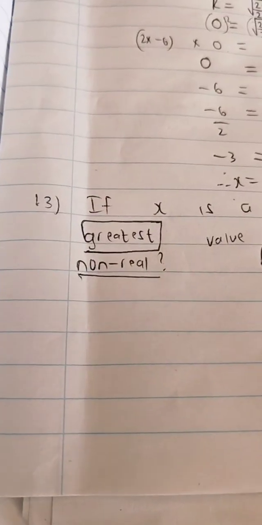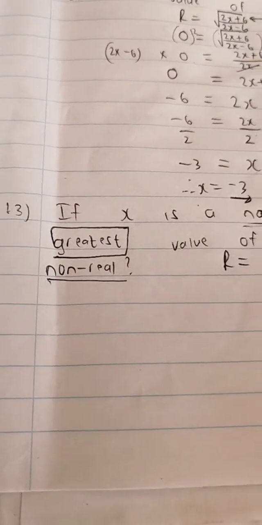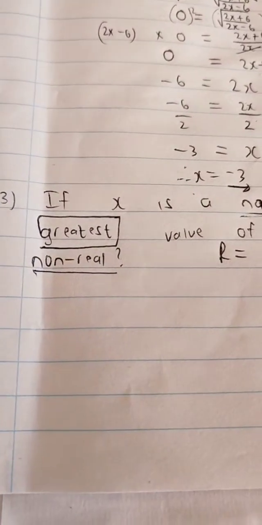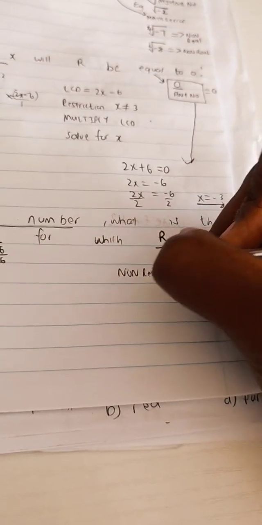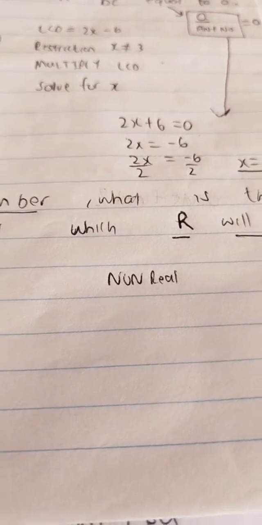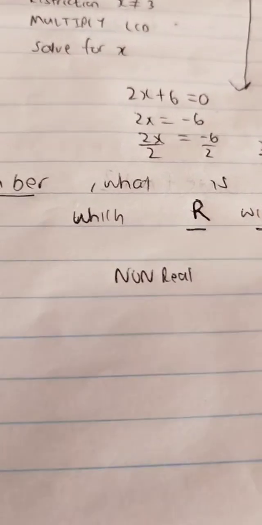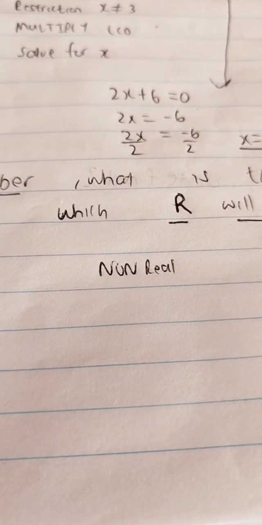For which r will be what? Non-real. Guys, what did I say to you earlier on about non-real? Non-real means what? By now, you guys should understand what non-real means. What does non-real mean in maths, guys?